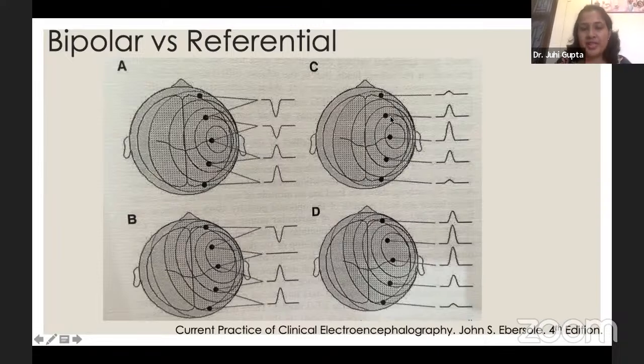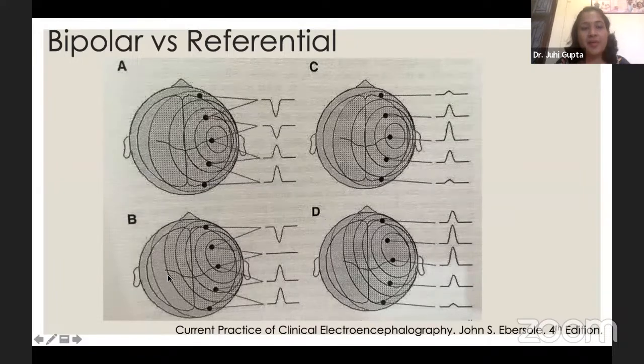If you look at picture C, with the same focus of discharge, in referential montage you will get an upward deflection of maximum amplitude in this channel, while other channels show smaller deflections. So the channel with the highest amount of deflection is what you see in referential montage. And if you see a phase reversal in bipolar, then you can suspect an EEG focus there.